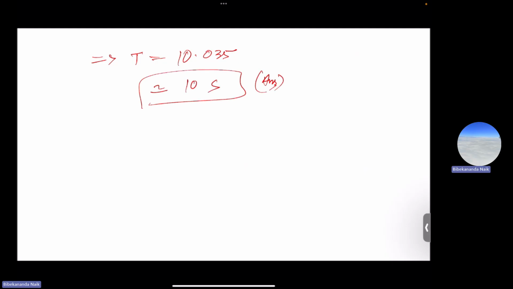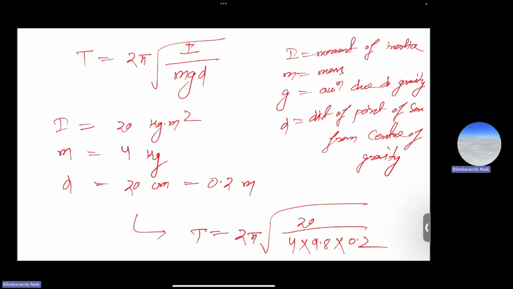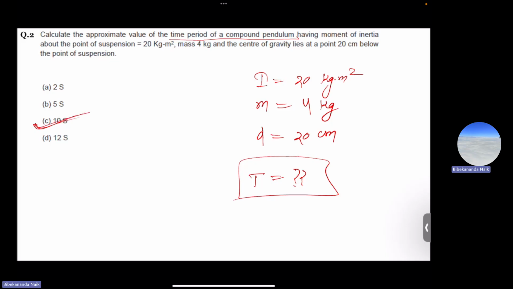If we solve it, T will come out to be 10.035, which is nearly equal to 10 seconds. So the time period of oscillation for a compound pendulum with the information given in the question is 10 seconds, and the correct option is option C.